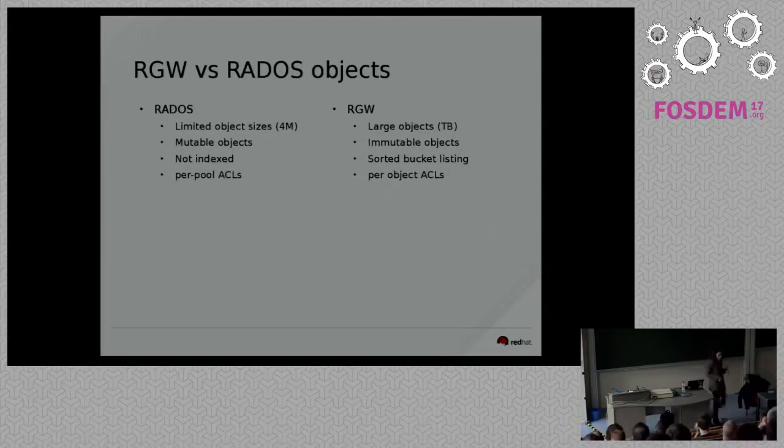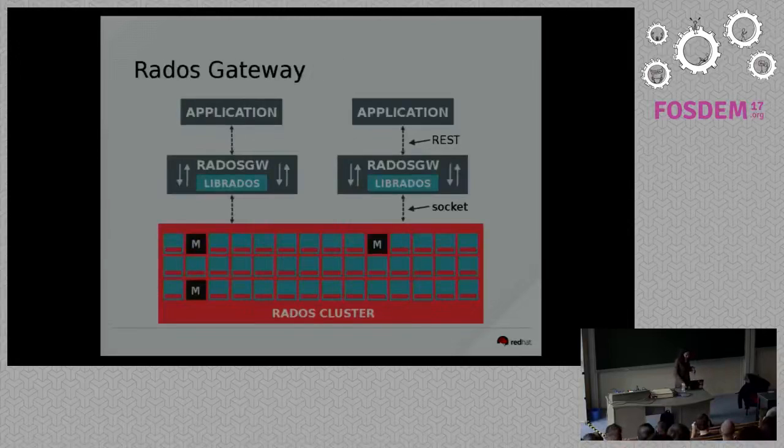The hardest part is that the pools inside of Rados are not indexed, but users want to list all the objects in the bucket sorted by name. That means we'll need to add some indexing for the bucket to allow that listing. And Rados has per pool ACLs, so pool is like a bucket, but we need ACLs per object. So even in spite of the fact that Rados is object, we still need to add a layer to implement the cloud storage on top of it.